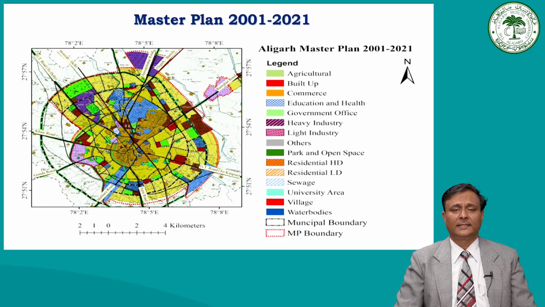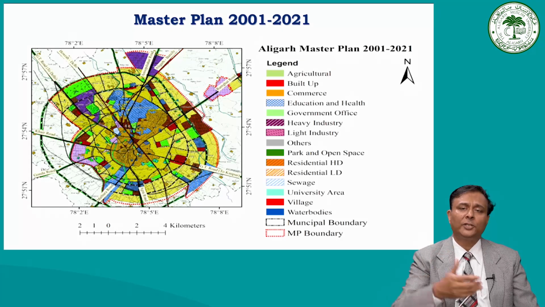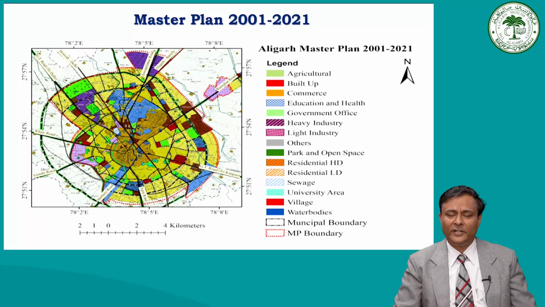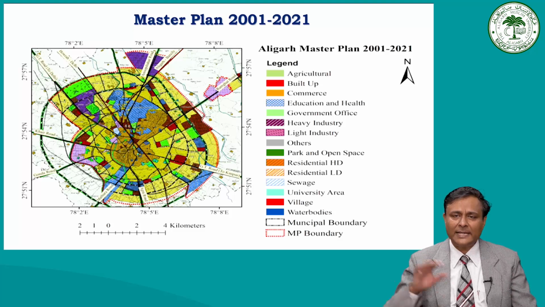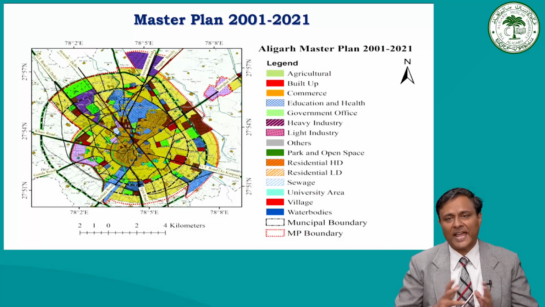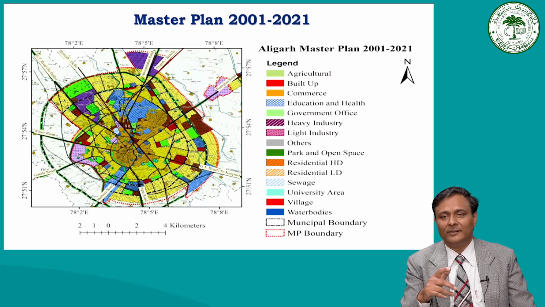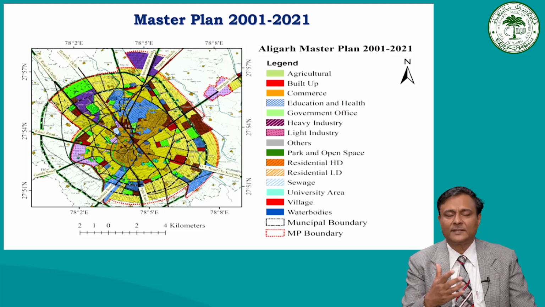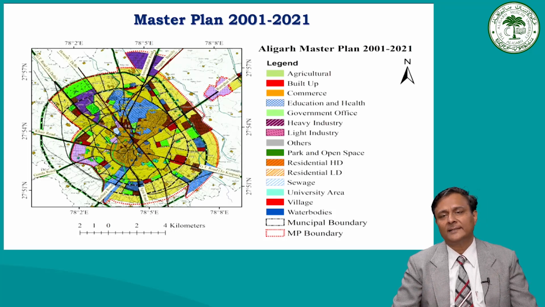Now, in this slide, I am trying to portray some examples of spatial representation related to planning. You see, we talked about land use. Another aspect of land use is its planning. Now, the city in which I did this study had master plans.